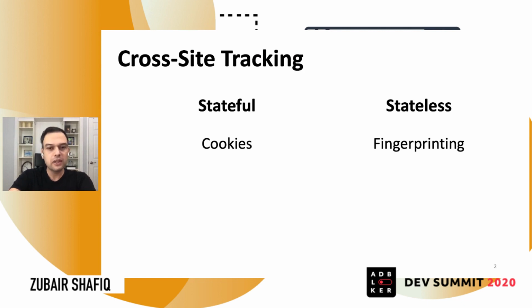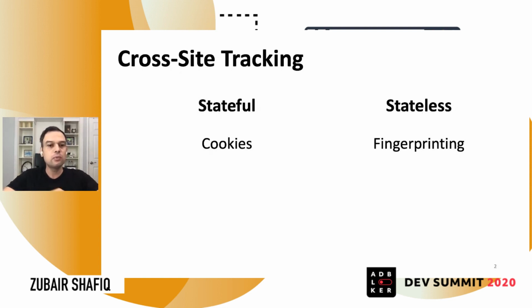Third-party tracking, or tracking in general, can be broadly divided into two categories. On one hand, we have stateful tracking, in which trackers store identifiers at the client side using cookies or other types of local storage. On the other hand, we have stateless tracking, which is also called device or browser fingerprinting.